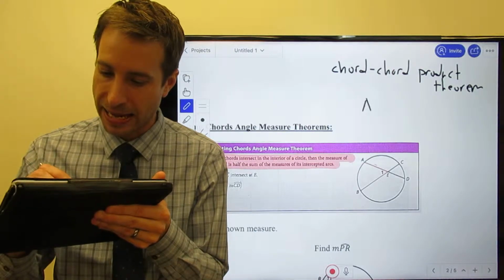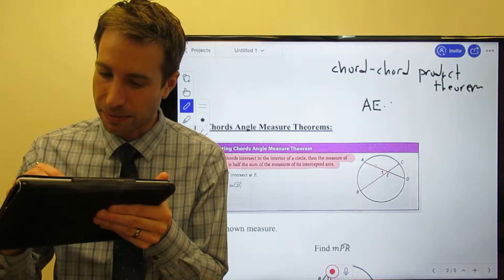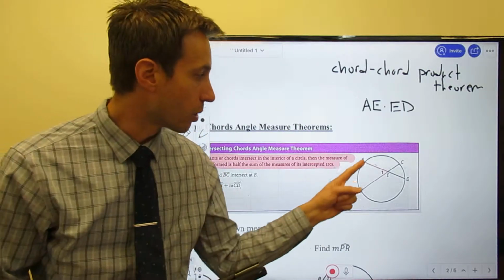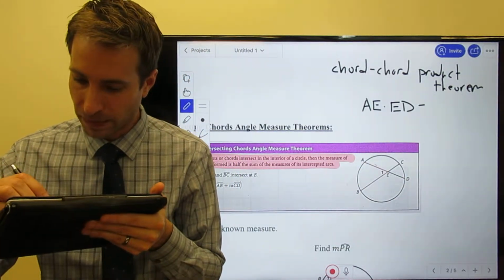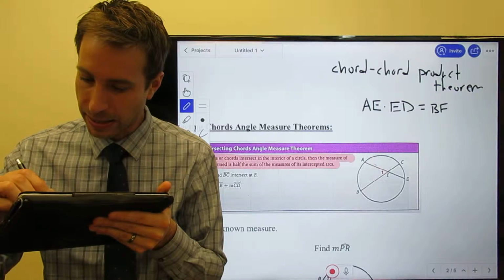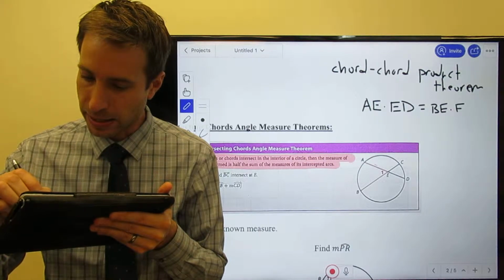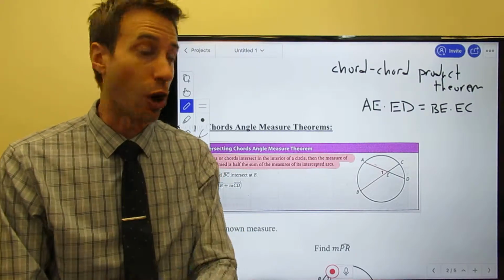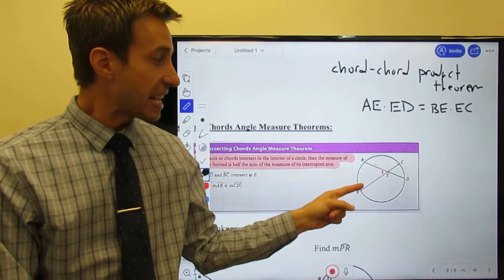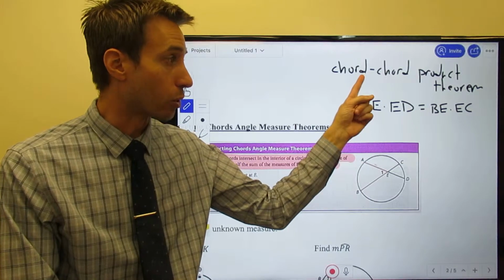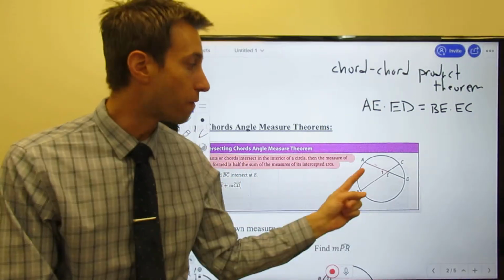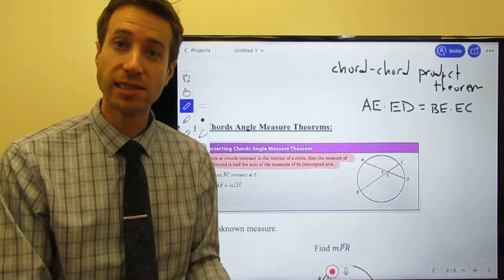So AE times ED had to be equal to BE times EC. And so, in the last section, if you didn't know one of those segments, you could use the chord product theorem to solve for an unknown segment.